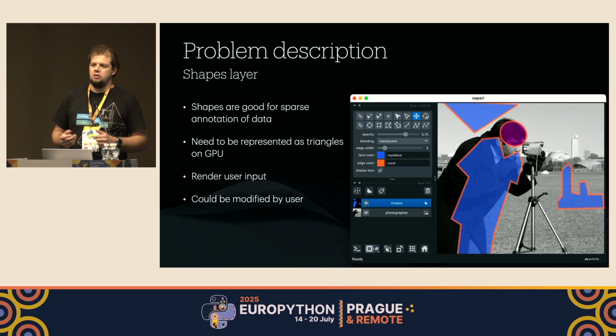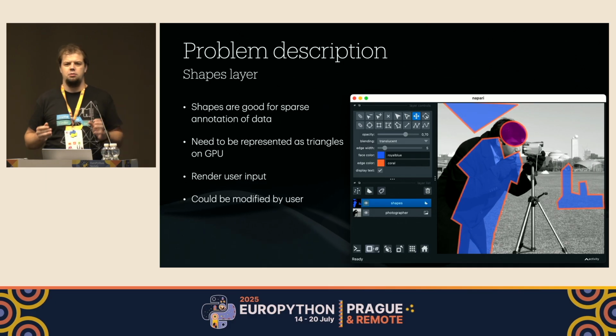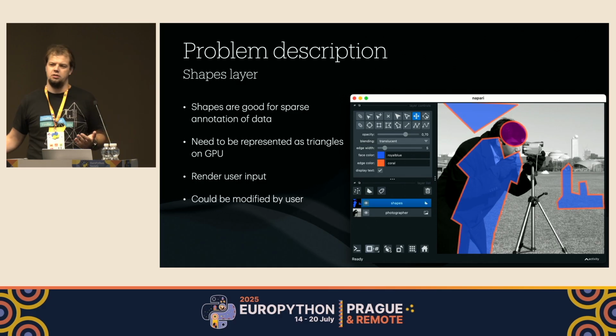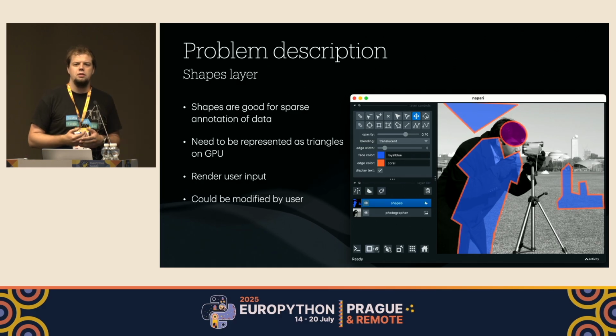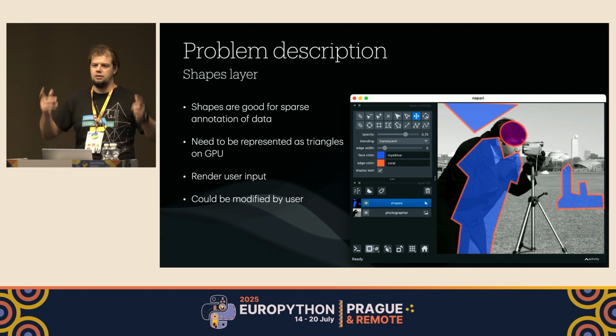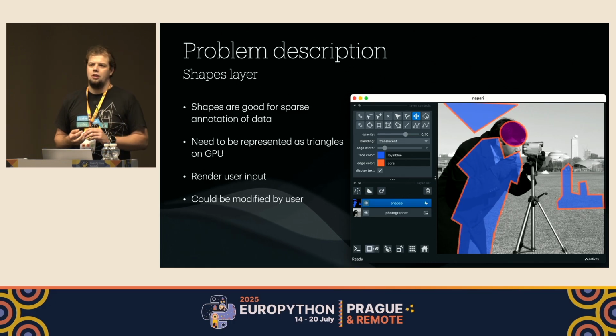The second option is shapes. In 3D it might be meshes, but for 2D we have shapes. What is a shape? A shape is a sequence of coordinates. There are plenty of algorithms that allow you to check if a pixel is inside a shape. It's a little more expensive, but in a relatively small amount of memory you can annotate a relatively huge data set.